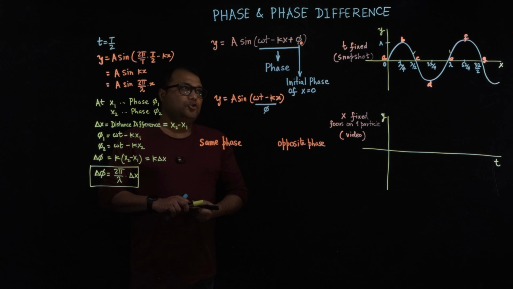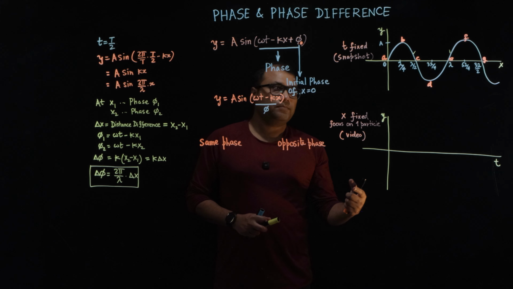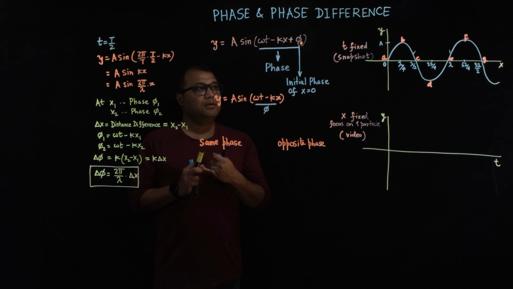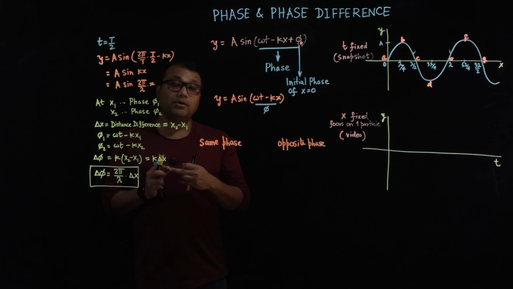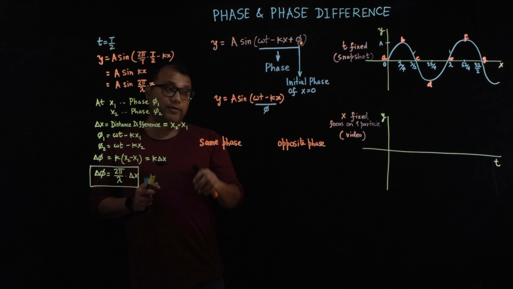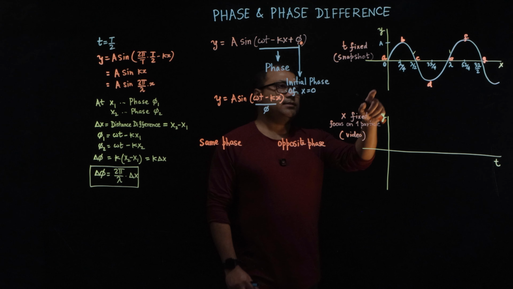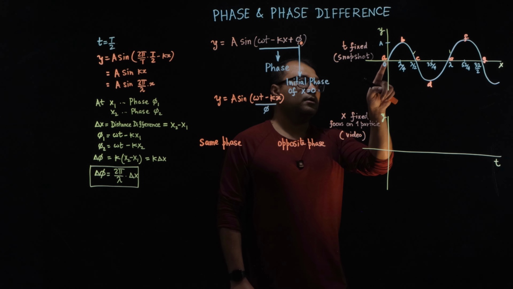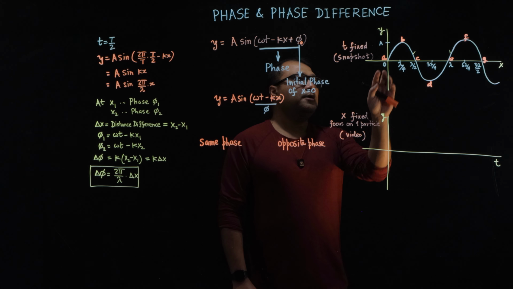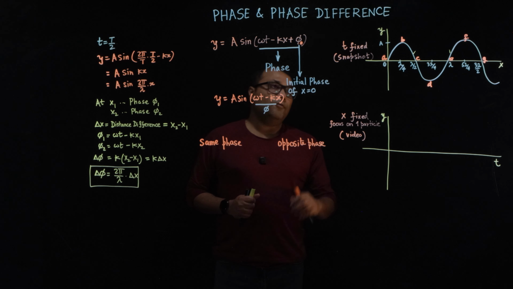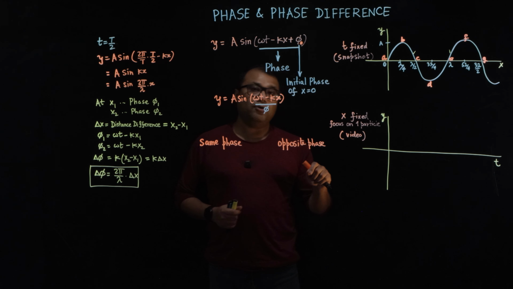Two particles are considered to be in the same phase if their displacement, their velocity vector, and their acceleration vector are all same. We are comparing vectors, which means magnitude and direction must be same. Let's look at this. A has displacement 0, C also has displacement 0, but velocity wise, where is A trying to move? Up or down?